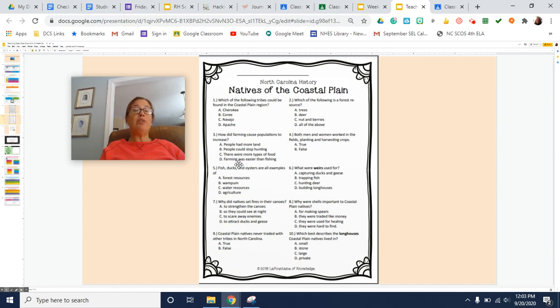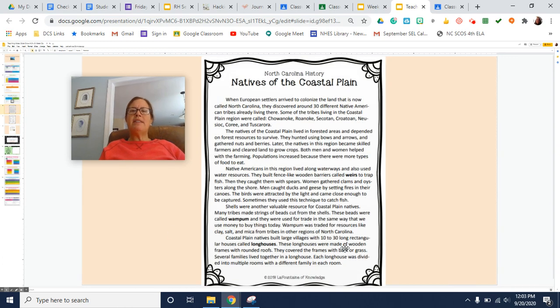When you can grow more, you can eat more and you're healthier. And farming was easier than fishing. I'm not so sure that's the right answer. Well, let's look back in the text and let's see where we can find, oh, it's population increasing right here. Please pause the video, look back. You like those silly glasses, don't you? And come up with your answer.